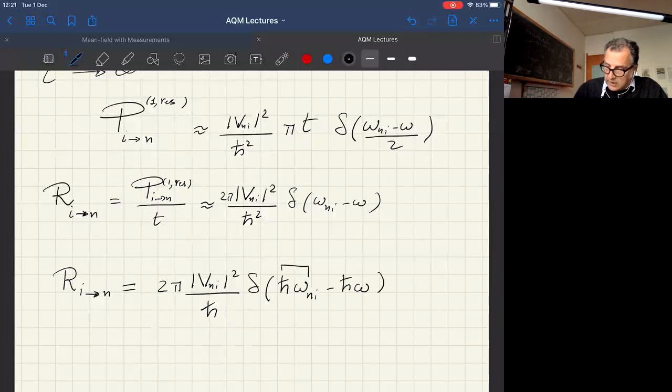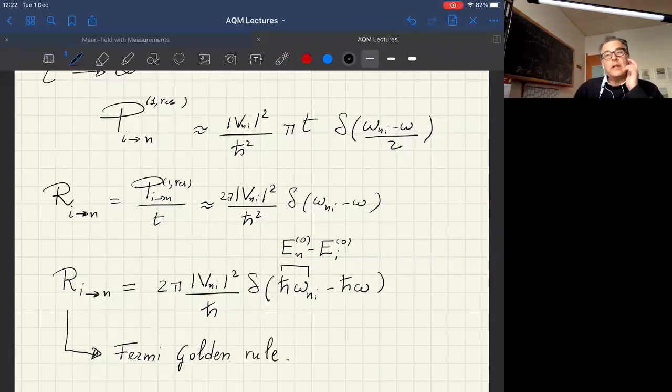And I remind you that h bar omega_NI is just E0 of n minus E0 of i. This goes under the name of Fermi golden rule. What does it mean?